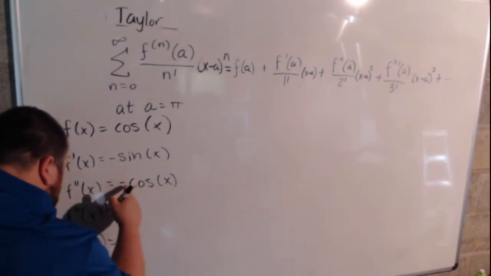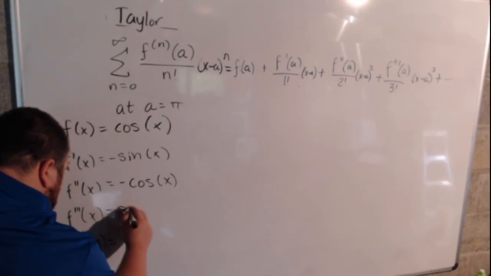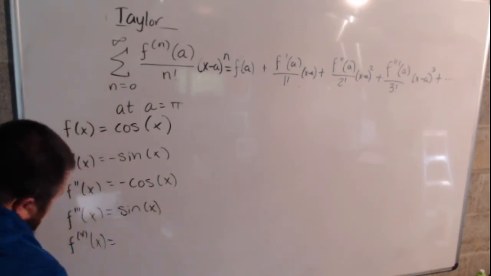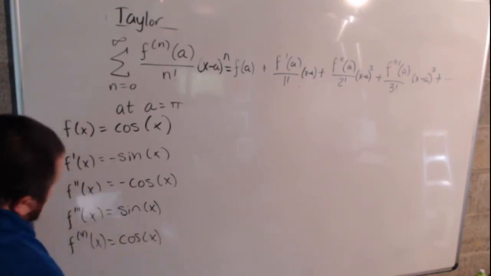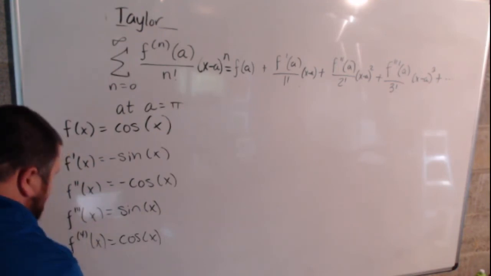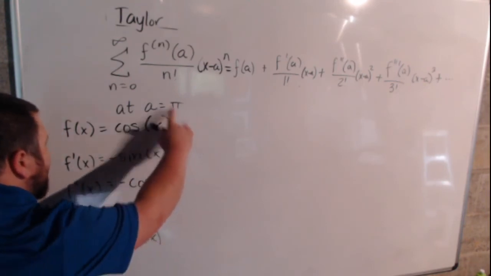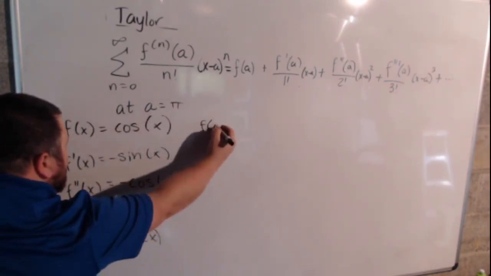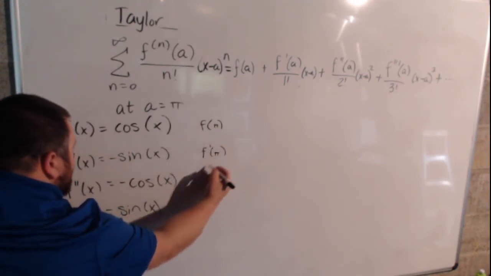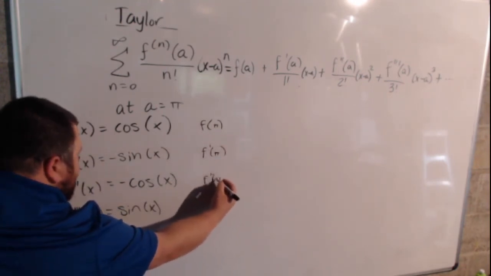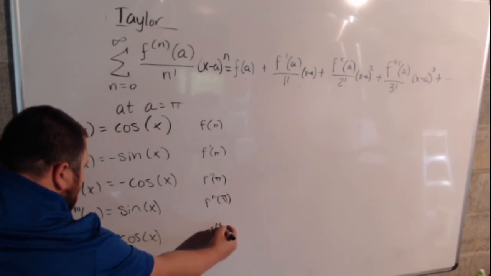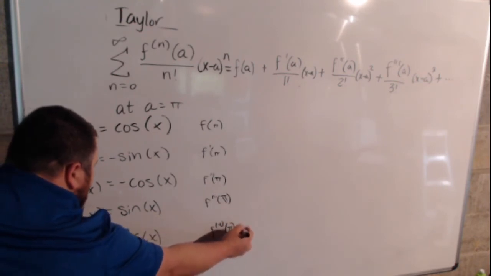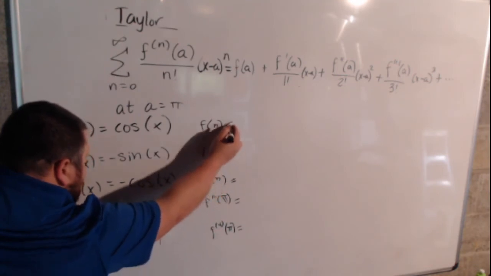Derivative of cosine again gives us another negative and a sine. So it becomes positive. And then finally, another derivative will get us back to cosine. Now I could have kept going, but because I'm plugging in pi, the sine functions are going to go away, and the cosines are going to stay.